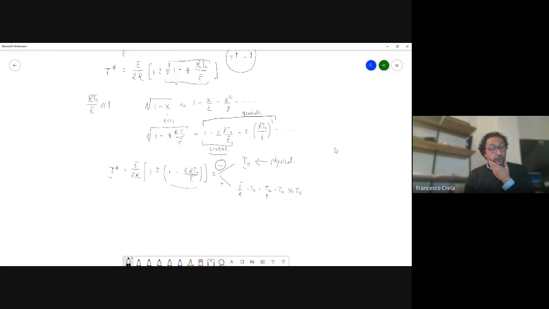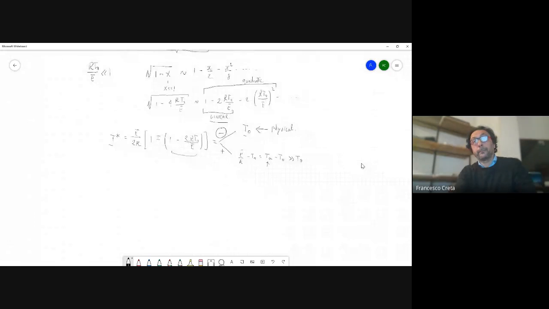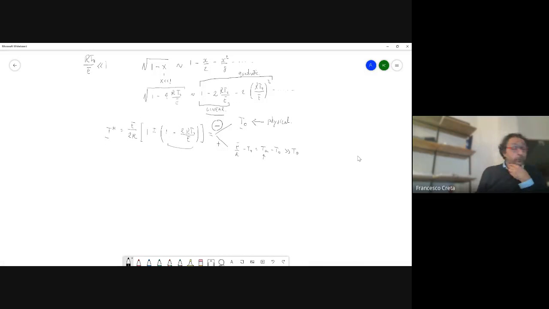Okay, we take the quadratic approximation of that root. Don't let me do the whole thing. You just take T star equal to E divided by 2R, and then essentially 1. We've now established that this is a minus sign, so let me put the minus sign.